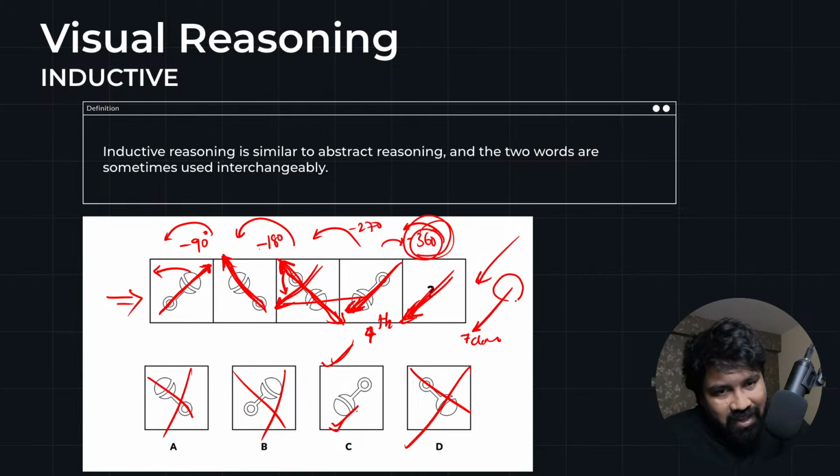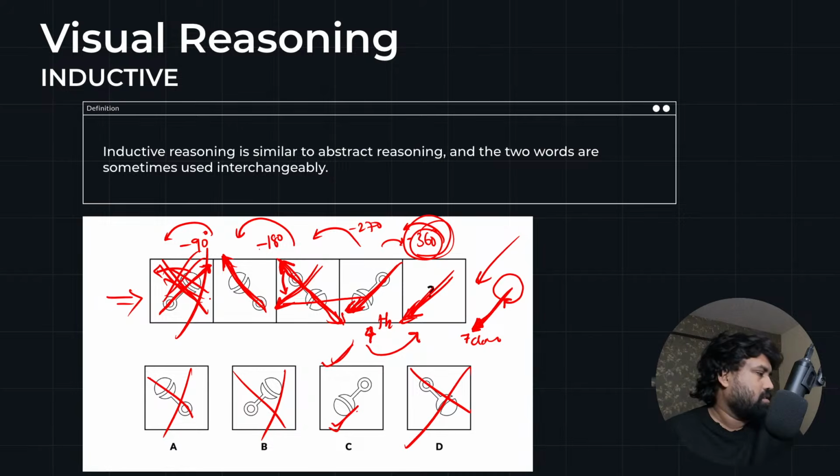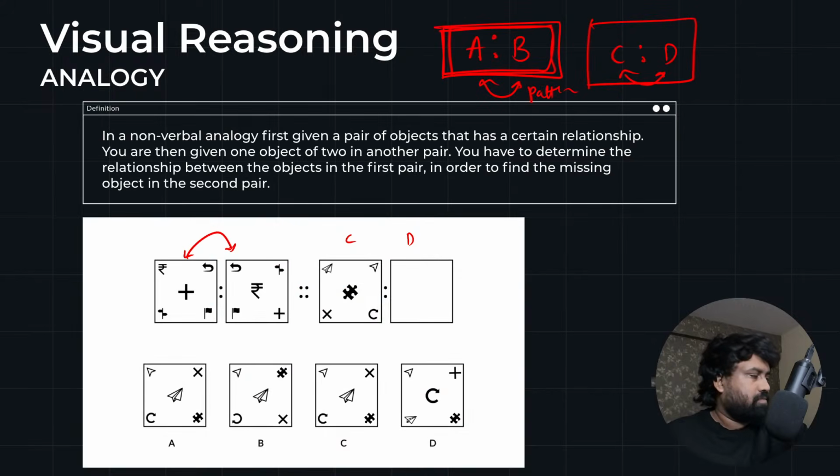If it is turned 360 degrees, again the 7 o'clock will be the answer. So with respect to the fourth picture, you need to answer, not from the first picture. Am I clear? Whoever got the doubt. I won't respond in the chat, guys.